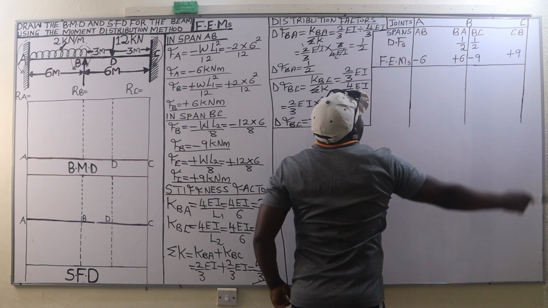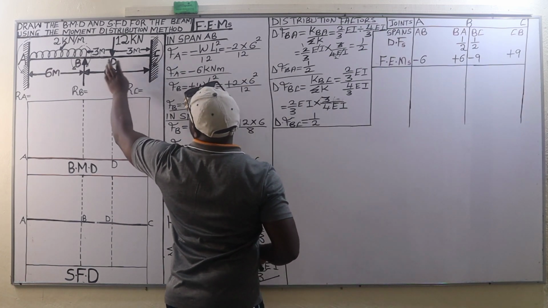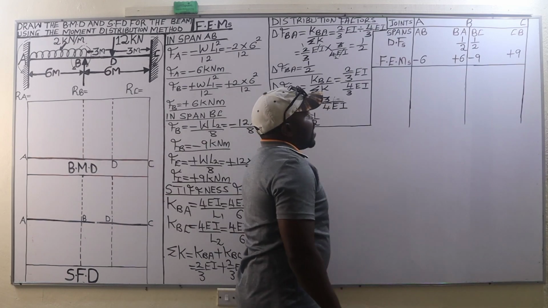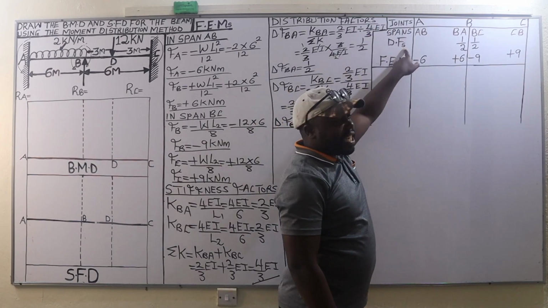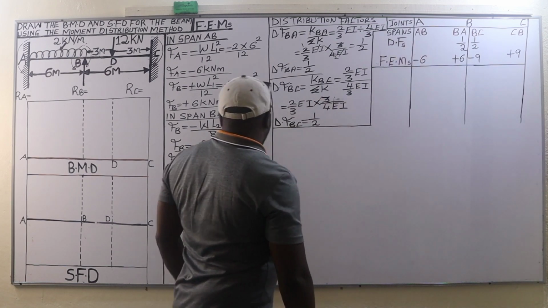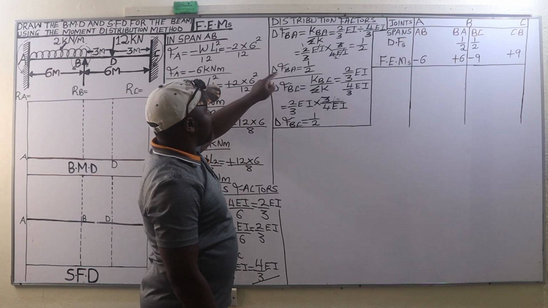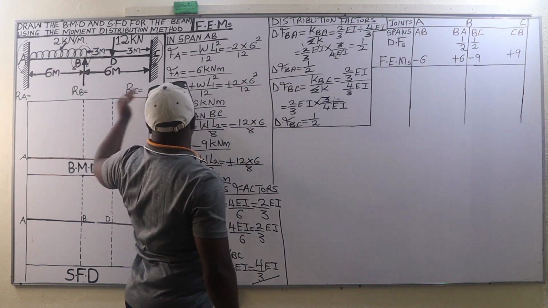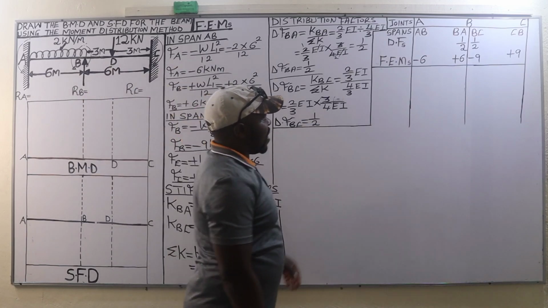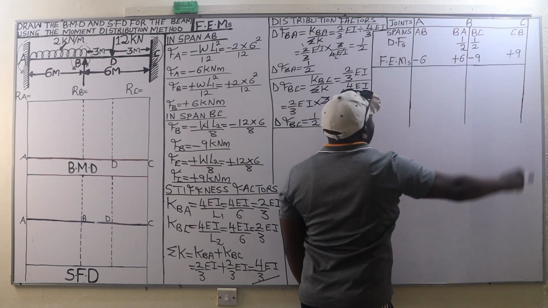And for the joint C, we are going to have member CB on the left of C. Then below the spans, we are going to have the distribution factors, and we have calculated them. The distribution factor for the member BA is a half, and that for the member BC is a half as well. So we write them below those 2 members.